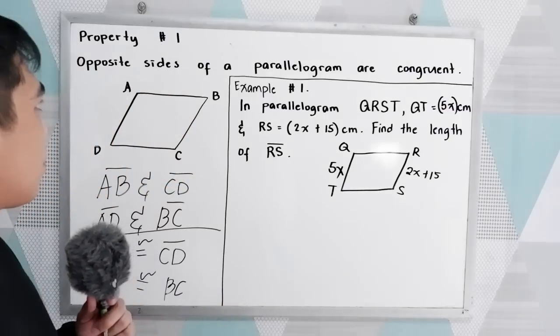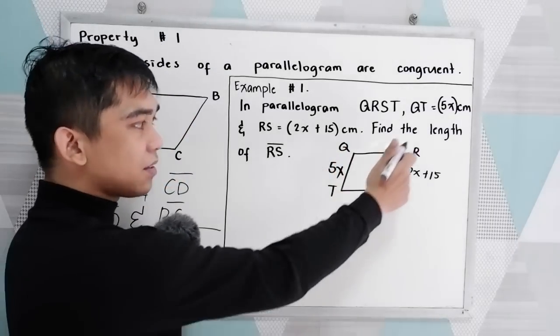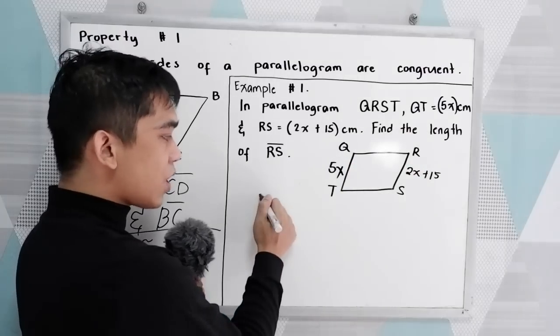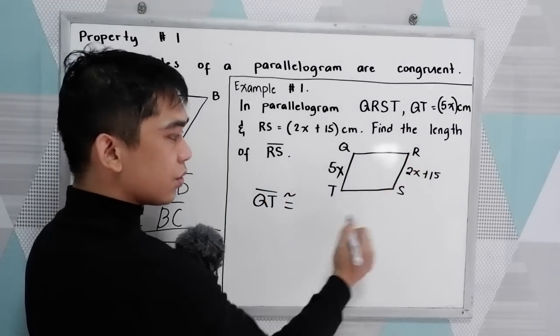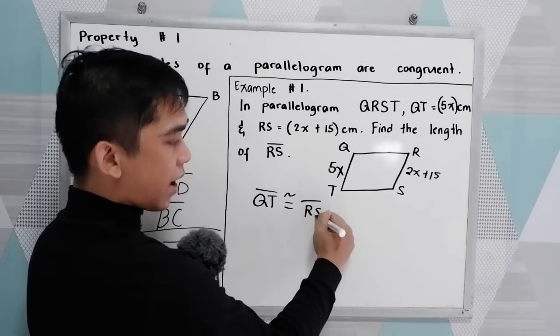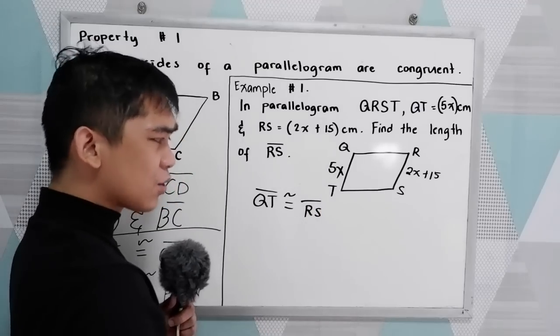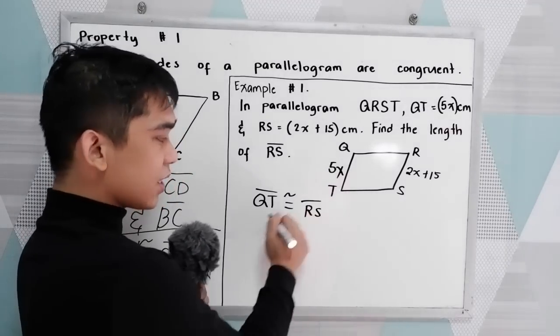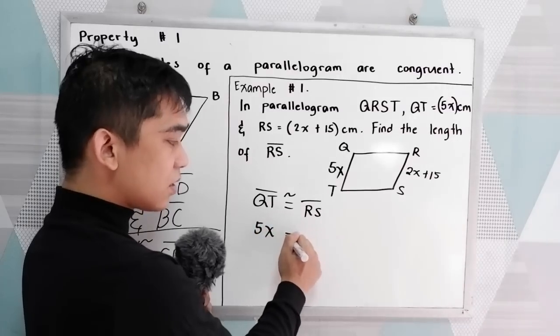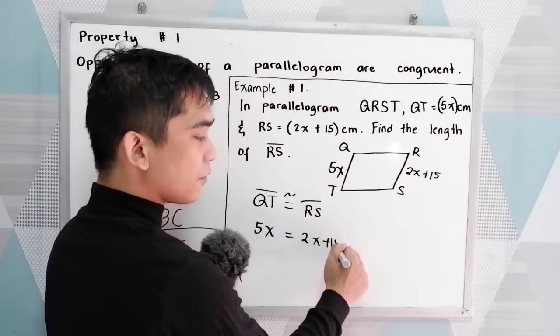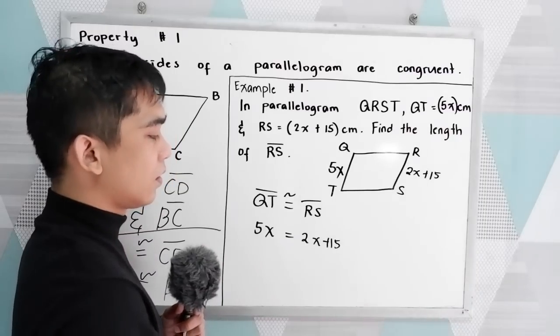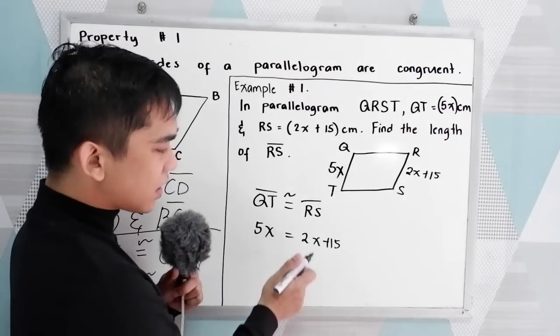Now, property number 1 states that opposite sides are congruent. So we know that QT is congruent to RS. Now, solve for x. QT is 5x is equal to 2x plus 15. Addition property of equality.